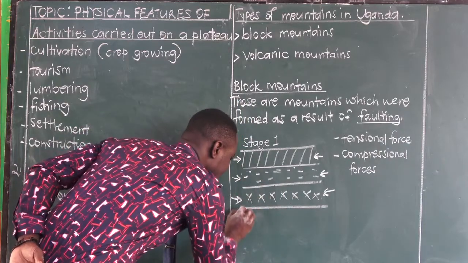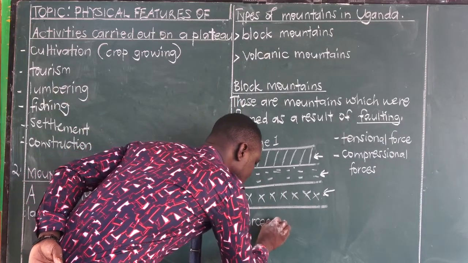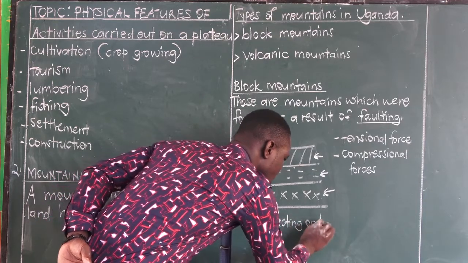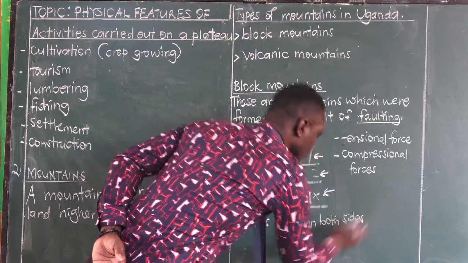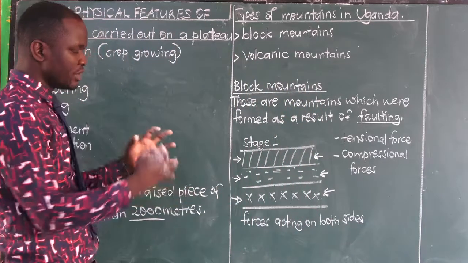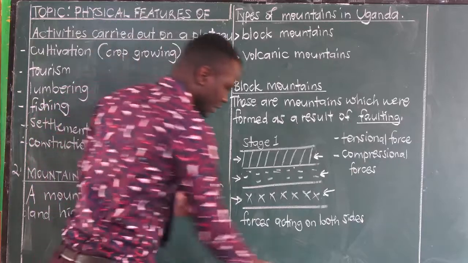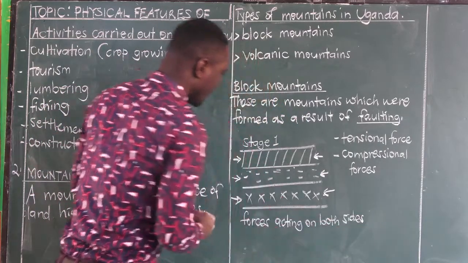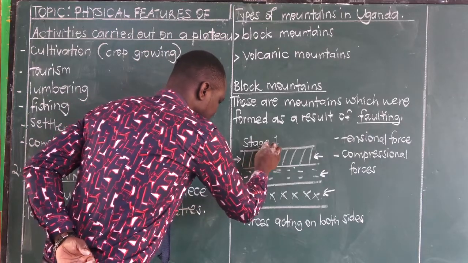We are saying in stage 1, forces were acting on both sides. Now, in the second stage, we shall use this very diagram. In the second stage, we are going to have these forces developing.